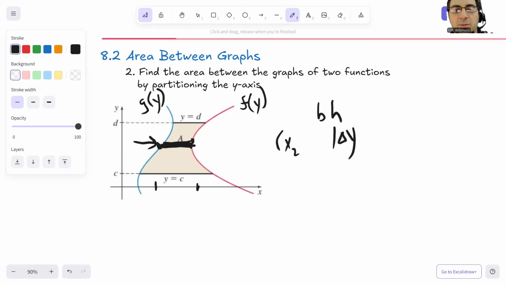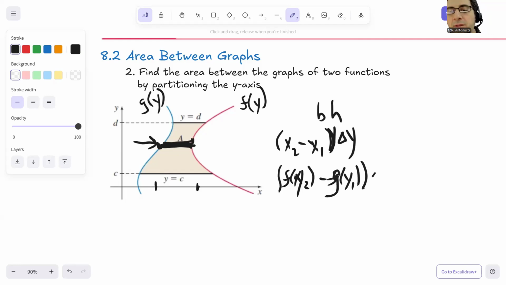So it'd just be x2 minus x1. Now, since this is a function of y, I could think of this as f of y, x2 or f of y2 minus f of y1, or excuse me, g of y1, times delta y. Now that's going to give me the area of that one horizontal strip.